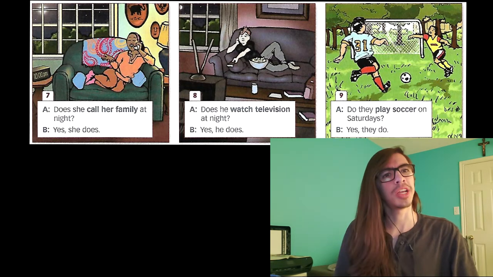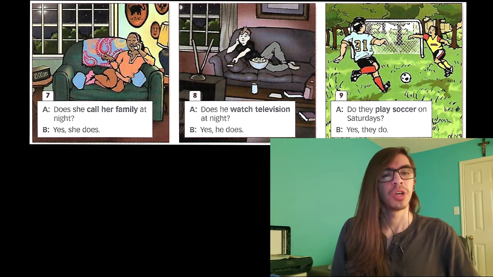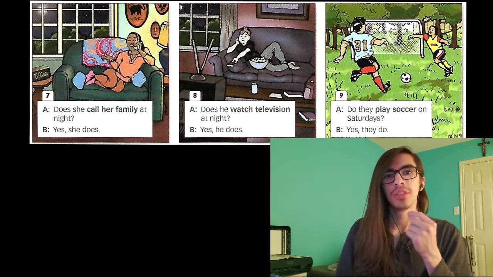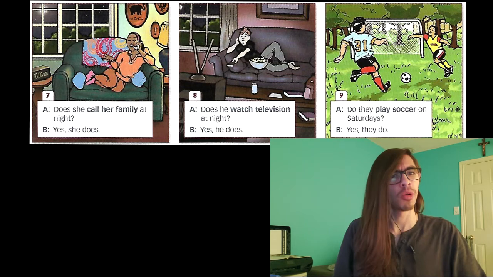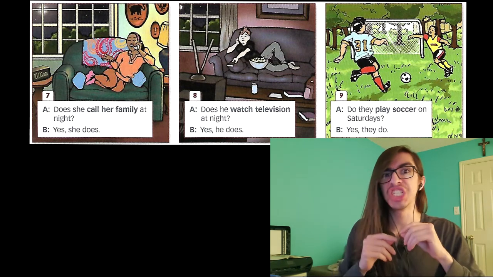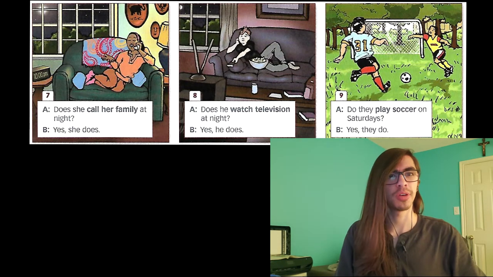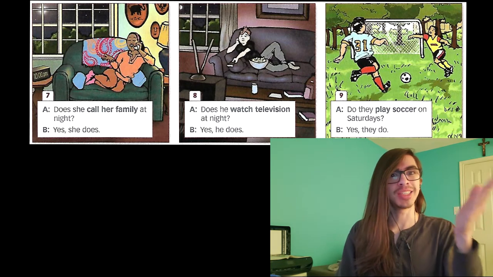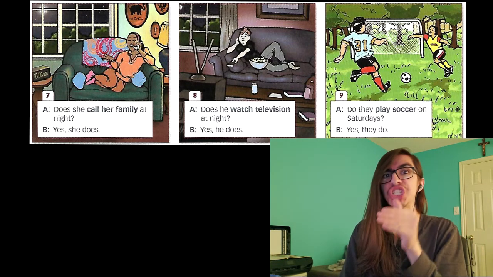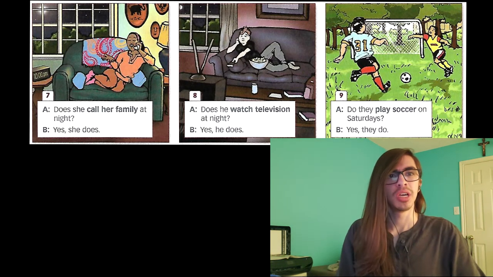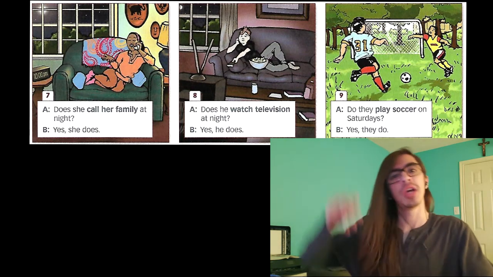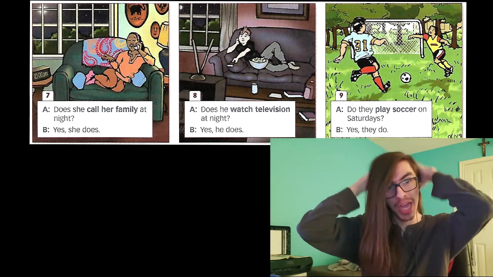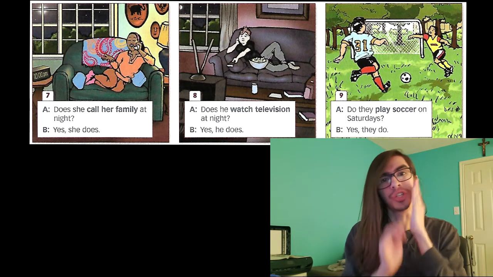We also see phrases like watch television, which uses the watch sound. Remember to not say the sh sound, because if we say does he wash television, we are saying the word wash, and that's like washing your hair, washing your body, washing your face.